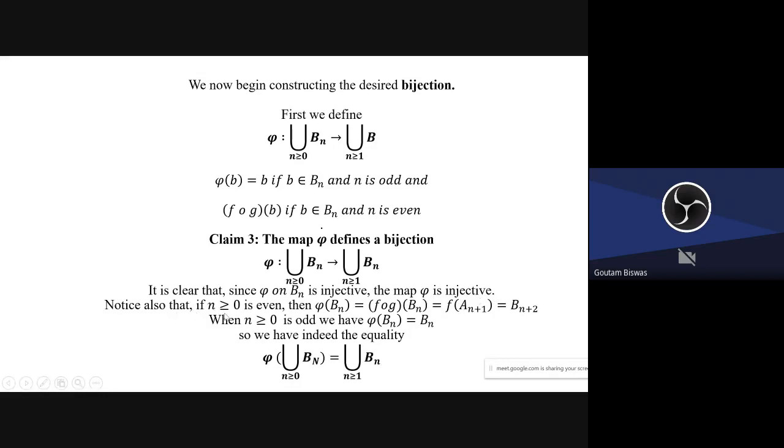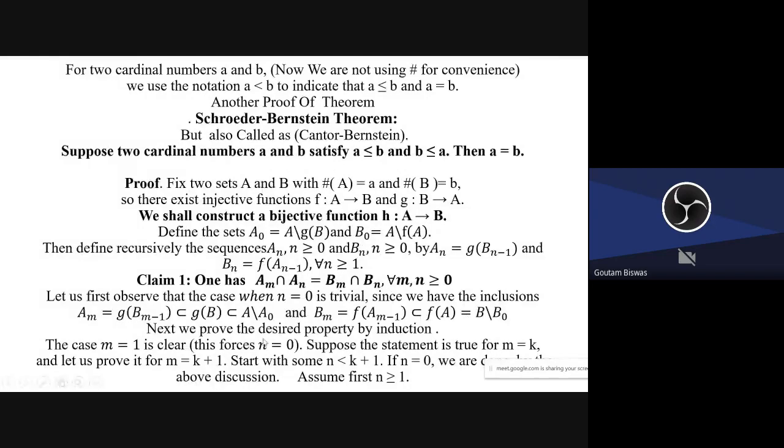Notice also that for n greater than 0 and even, phi of Bn, that is f of g of Bn, is equal to f of... what is the definition? G of Bn. G of Bn is, you see the definition again. G of Bn is An.